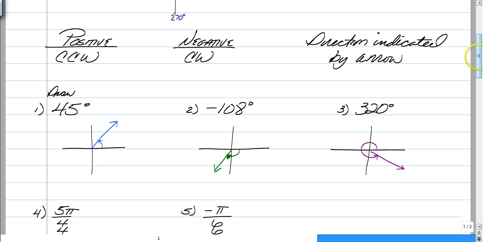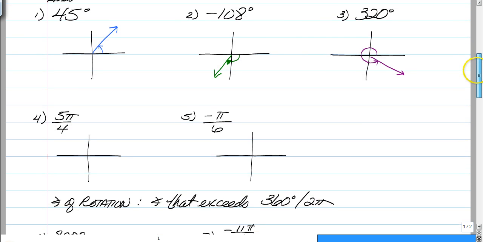So you recently learned about radians as well. So to draw a radian angle, what you need to do is whatever works better for you. You can break it down in your head, so you know that 5 pi over 4 is a little bit more than 1 pi.